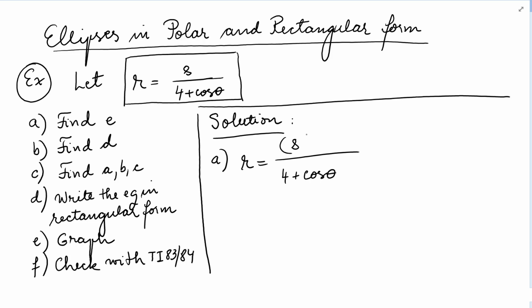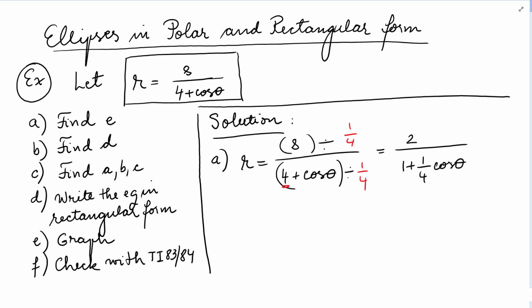And then we are going to divide top and bottom by the constant, so by 4, which means multiplying by 1 over 4. When we divide, we get 2 over 1 plus 1/4 cosine theta.